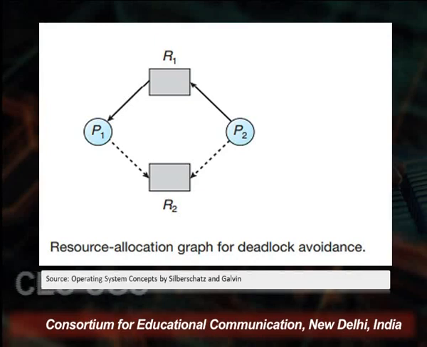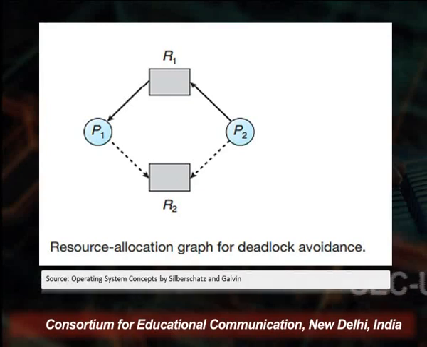There is an edge from P2 to R1, that means process P2 is requesting the resource R1, and the edge from R1 to P1 shows that this allocation has already happened. That means R1 has been given to P1 and P2 is still in the request mode for R1.